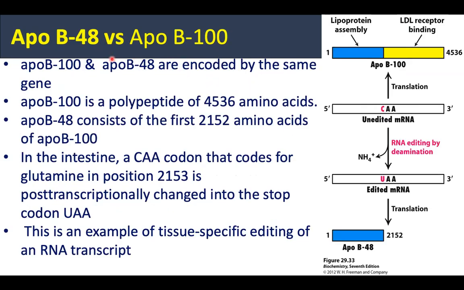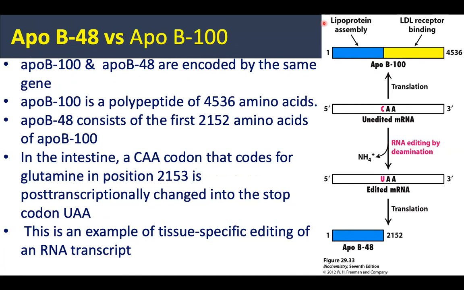And the interesting idea is, why 48? How on earth did they come up with 48? It's because if I look at this ApoB protein, the 48 is because this protein has 48% of the original protein. You know what I mean? Imagine I have an apolipoprotein B, and if I take 48% of that protein, then it would look like ApoB48. Versus ApoB100, it's just 100%. It's the entire protein.